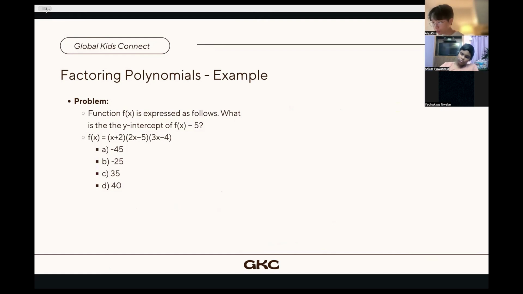We're asked to find a new y-intercept when we have a function f(x) minus 5. So we added a minus 5 to our original f(x) polynomial function.